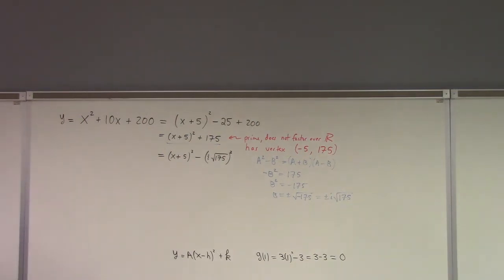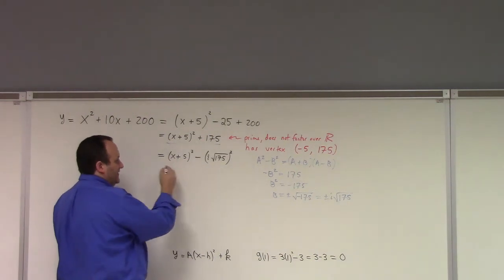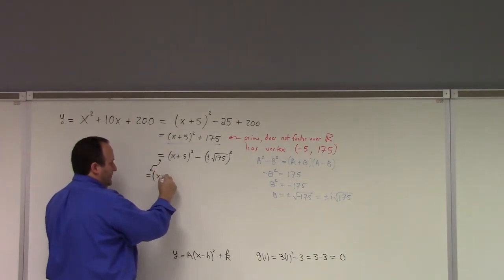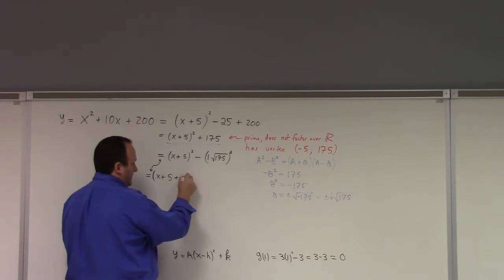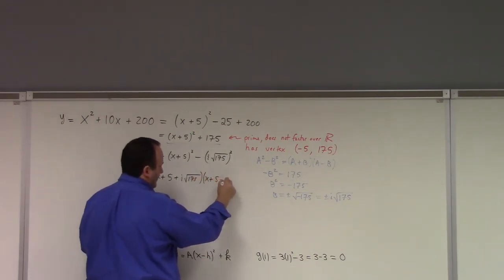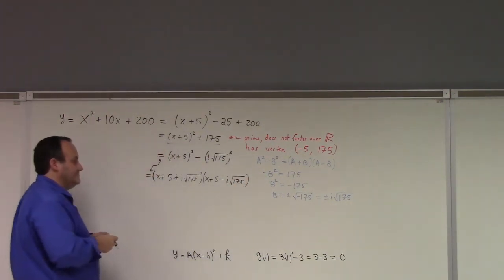Now once we have that, you can factor this using the difference of squares idea. So x plus 5 plus I root 175, x plus 5 minus I root 175. And there it is.